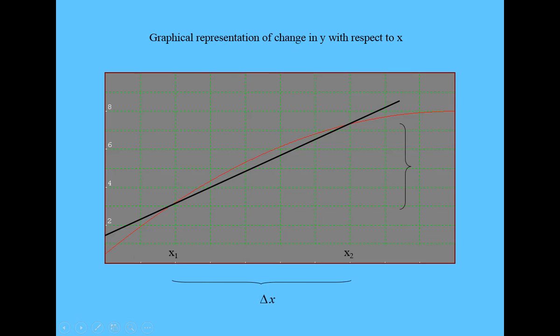A graphical representation looks very similar to what we've done in the past. So this would be our change in x. This would be our change in y. It looks like the change in y bracket is a little bit lower than it should be.